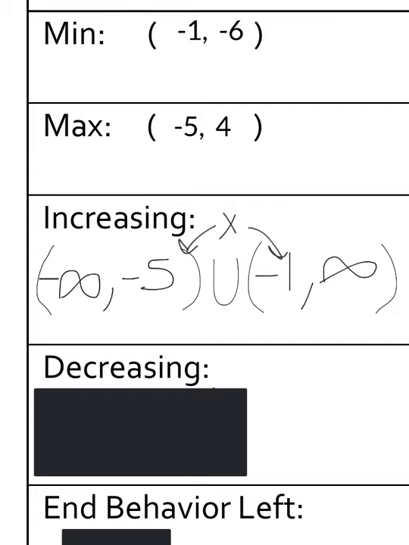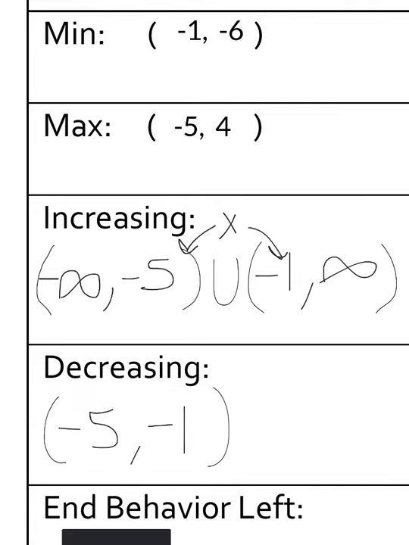Okay, so if we're increasing from -infinity to -5, and then from -1 to infinity, then that means that in between the -5 and the -1, that's where we're decreasing. So we end up just reusing those same numbers. Take a look. This -5 gets reused down here, and the -1 gets reused down here as well.